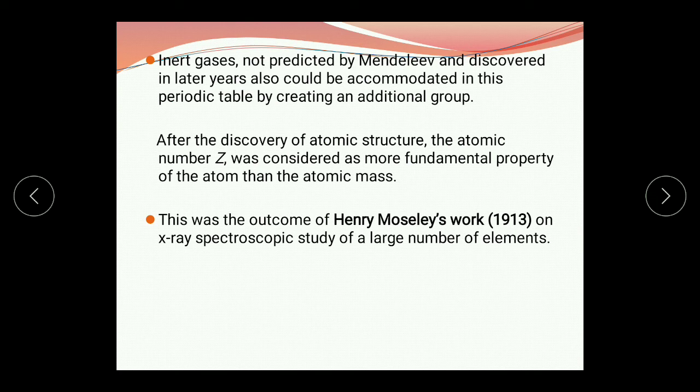That study showed that X-rays emitted by an element are related to atomic number and not atomic mass. And after the discovery of atomic structure also, the atomic number Z was considered a more fundamental property of the atom than atomic mass. So these two reasons are there.